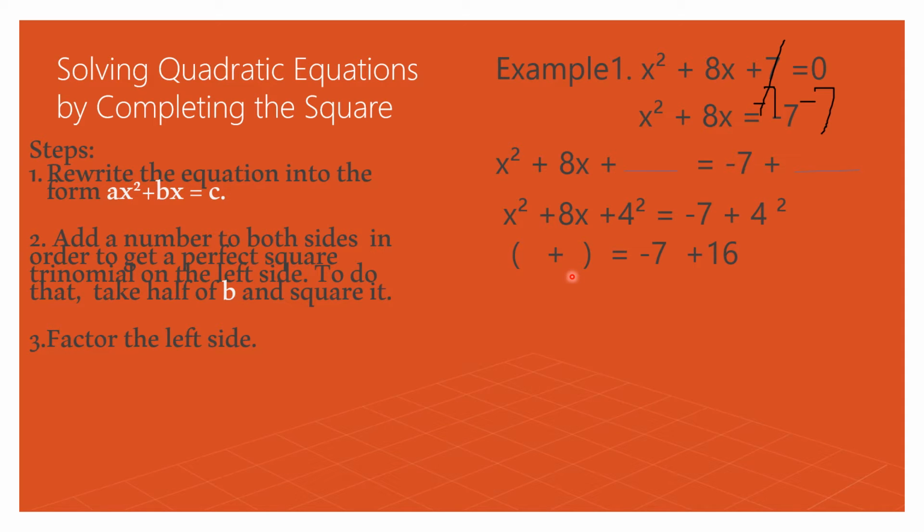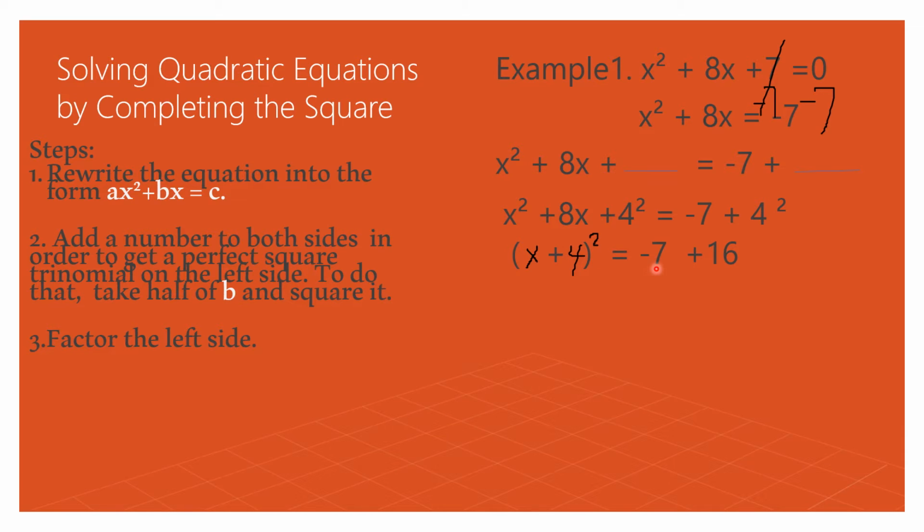Simply, tuturo ko sa inyo ang technique. Get the square root of x squared, and that is x. Get the square root of 4 squared, and that is 4. And then square it. So parang kinopya mo lang itong x dito at yung 4 dyan. And then square it. That's simple.